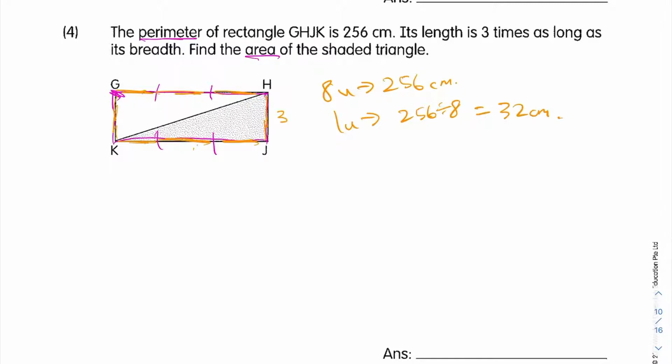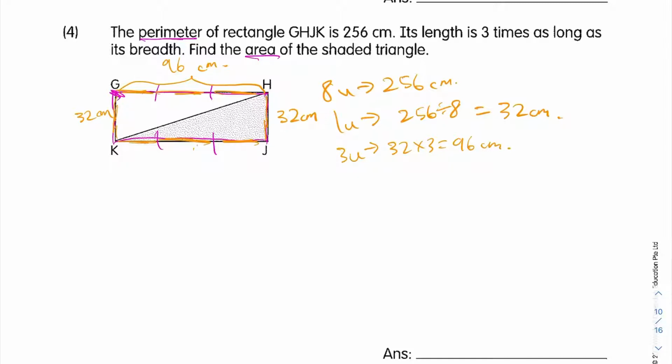So what this means is the breadth is 32 centimeters. The length is 3 times, which is 96 centimeters. Okay. Man, my handwriting is bad today. So 3u is 32 times 3, 96 centimeters.